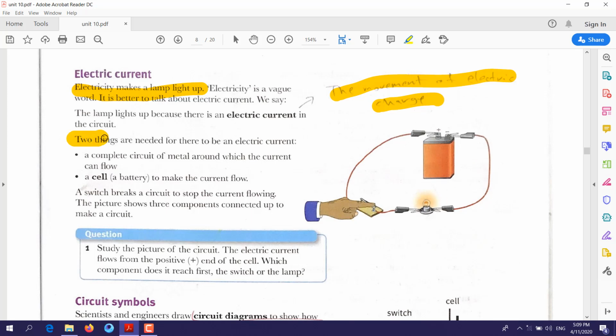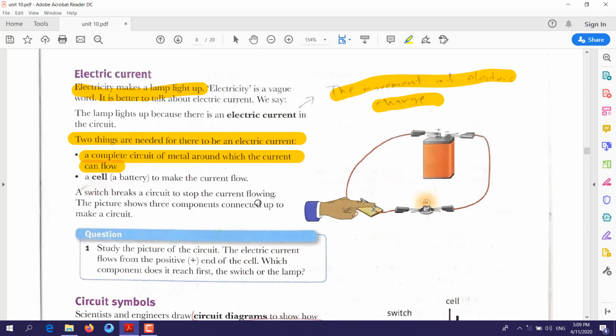Two things are needed for there to be an electric current, or in other words, for electric current to flow in this circuit. Firstly, a complete circuit of metal around which the current can flow.